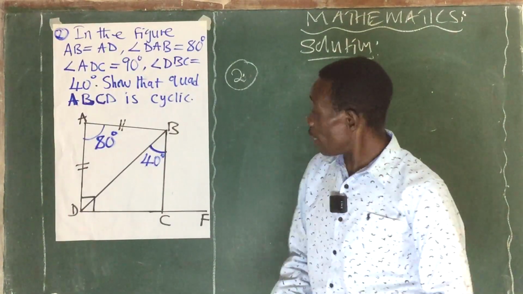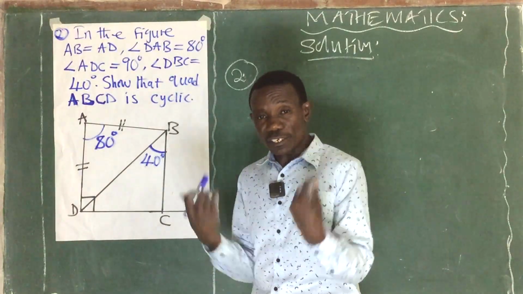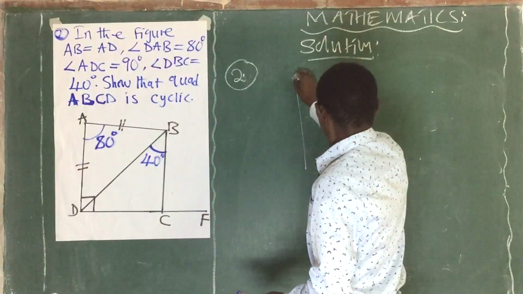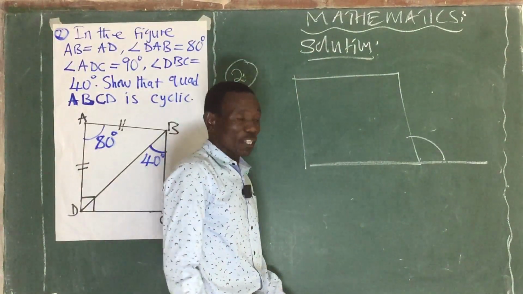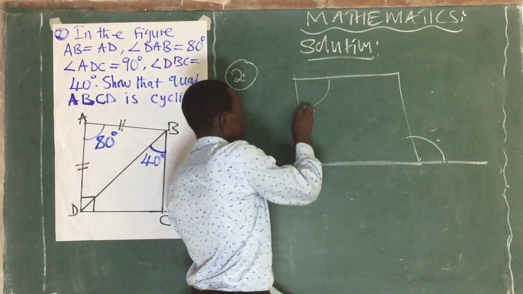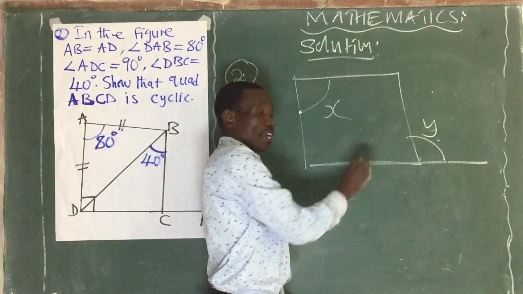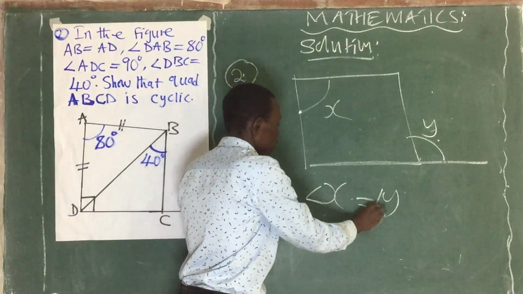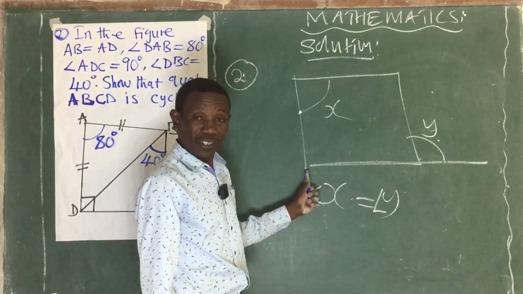Now, by condition number 3, the last one, which says if the exterior angle is found to be equal to the opposite interior angle, in this case we are looking at angle Y and angle X. The moment you realize that angle X is equal to angle Y, then definitely this must be a cyclic quadrilateral.